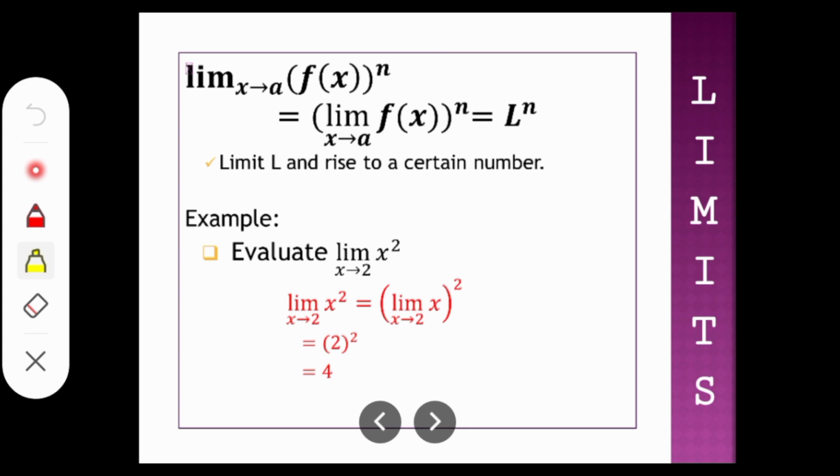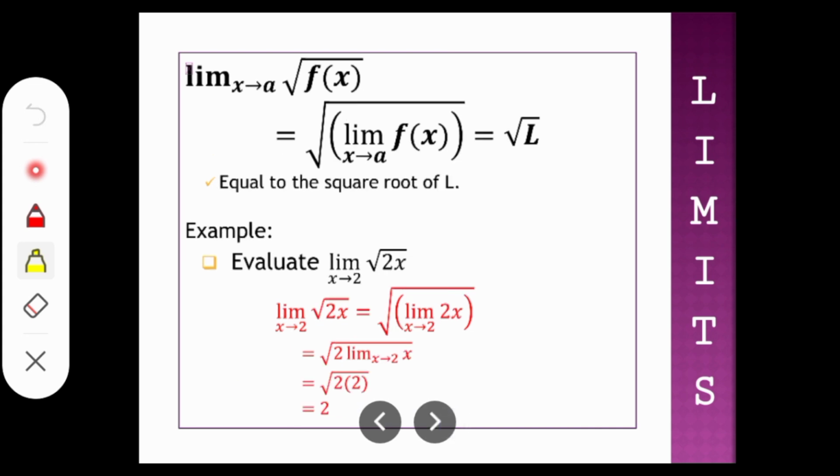Evaluate the limit of x raised to 2 as x approaches 2. The limit of x raised to 2 as x approaches 2 is equal to the quantity of the limit of x as x approaches 2, raised to 2. The value of our x here is 2, so we have the quantity of 2 raised to 2. So 2 times 2 is equal to 4. That is the answer for our property number 6.